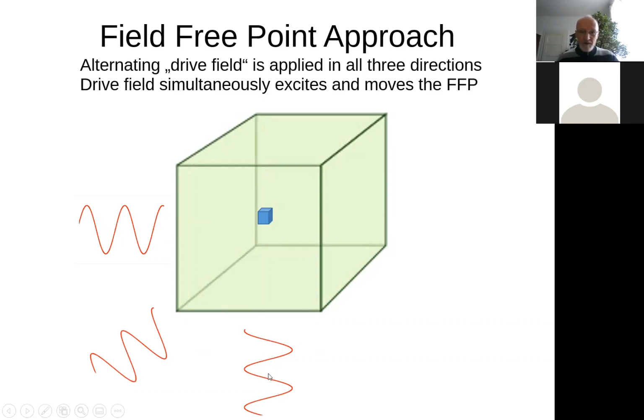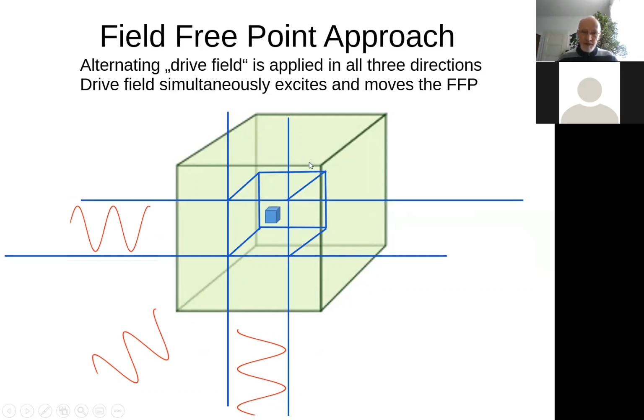And if I apply an alternating field, I can imagine that this field-free point is moving back and forth in one direction. And if I apply it from different directions, the field-free point moves through the whole space. Something like this.